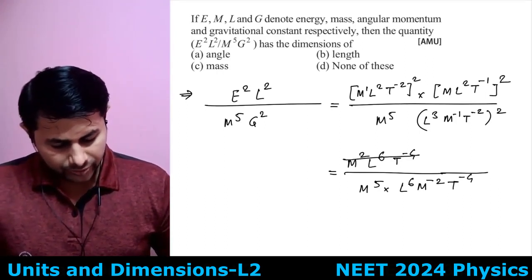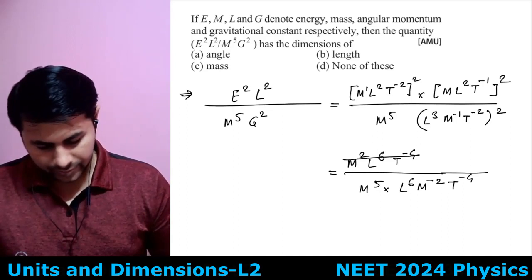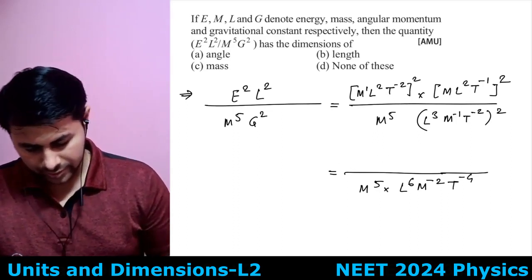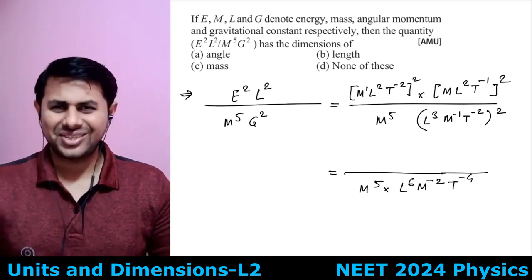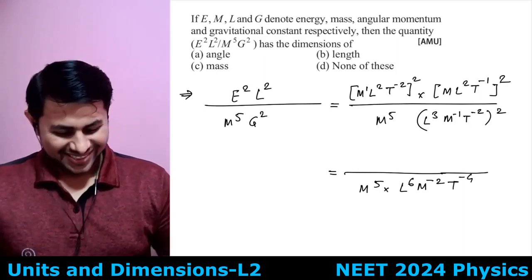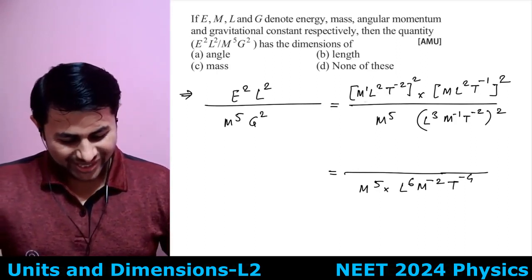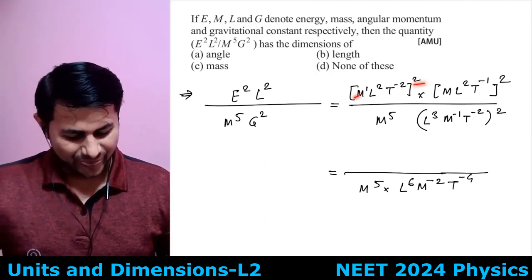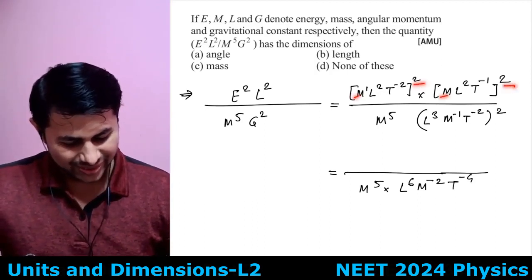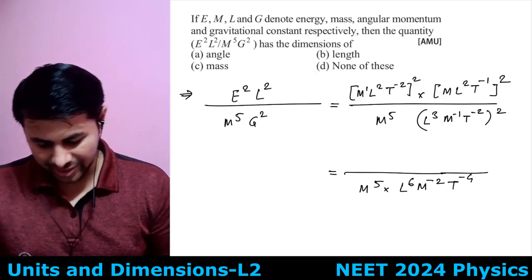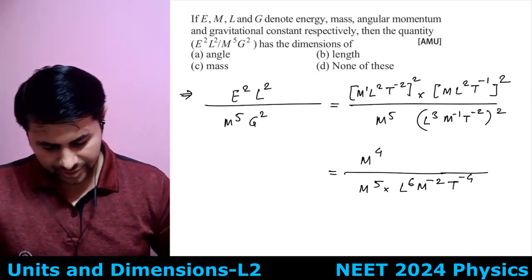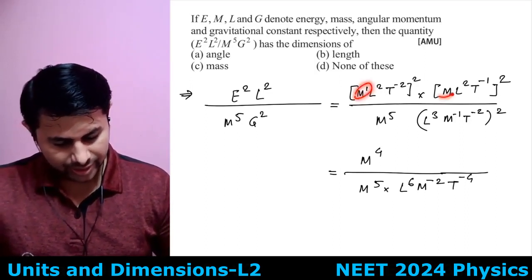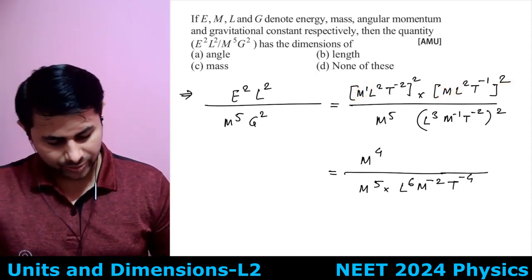So now what do we have? Okay, so we have to read the questions properly. Yes, so it is m raised to 2 from here, m raised to 2 from here, that is m raised to 4.